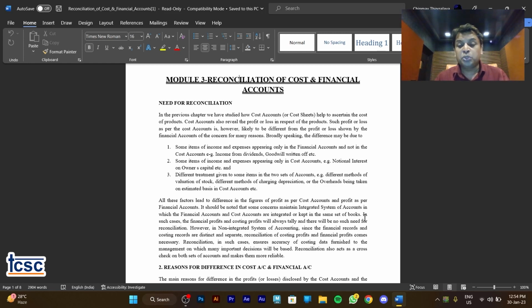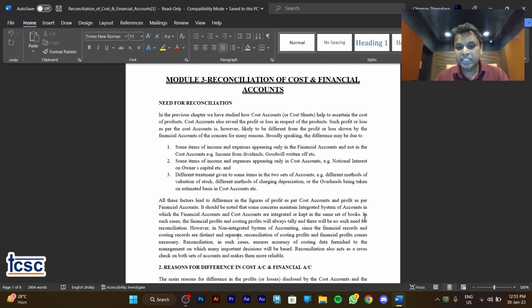Why are these two books showing two different figures? If the organization is one, there has to be only one profit. There cannot be two profits at all. But when I compare the profit of the cost book with the profit of the financial book at a specific time, they are not the same. That is the reason I am supposed to prepare a reconciliation statement to find out the reason for deviation.